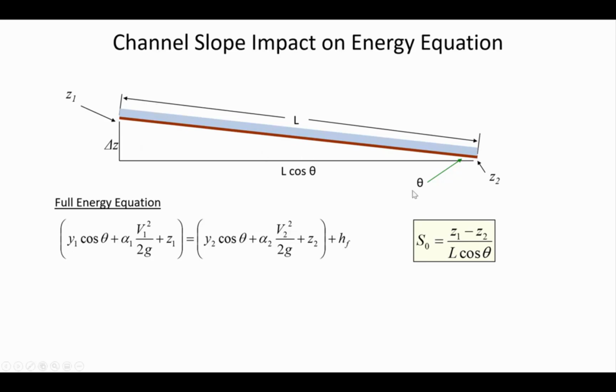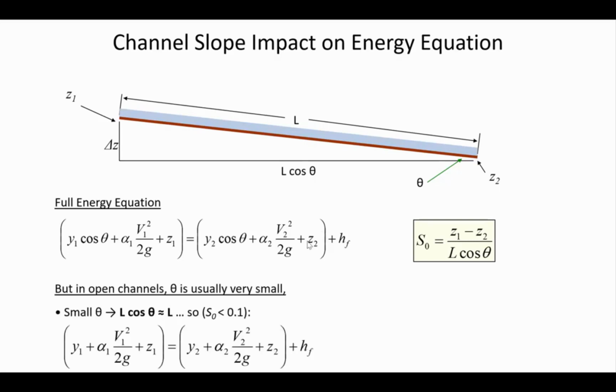The point that I wanted to make is that in channels you have relatively small angles, a 1% slope would be considered pretty steep. But even for a 10% slope, L and L times cosine of theta are very, very close together. And so we don't usually bother differentiating between the top view length and the physical inclined length of a channel.